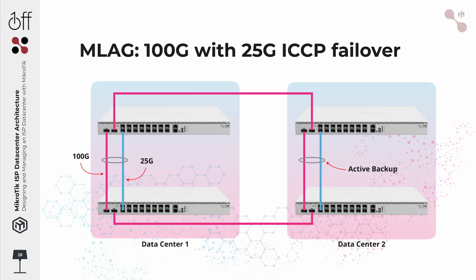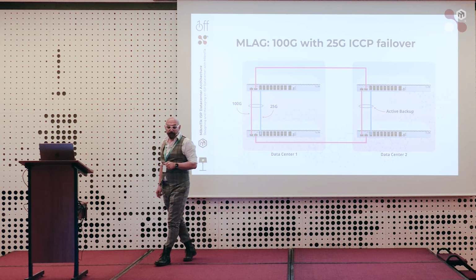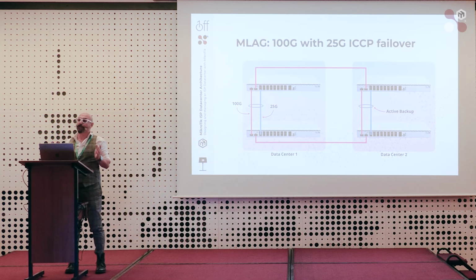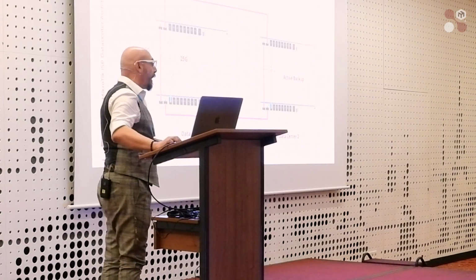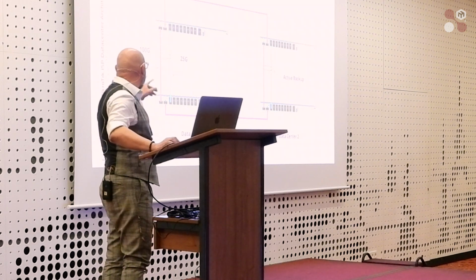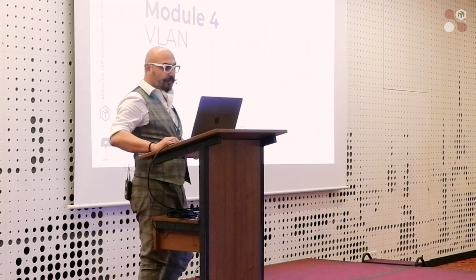We can connect two data centers together with a couple of 100 gigabit interfaces, still having a backup port in the 25 gigabit port. So we can have the ICCP connection with two different speeds in hardware offloading. It's a very nice configuration. We have 200 gigabits from the left to the right.